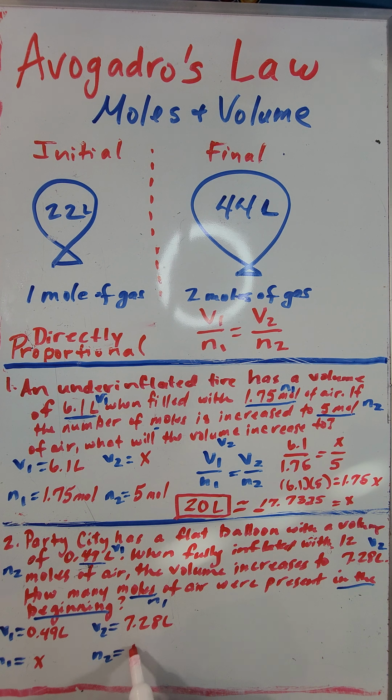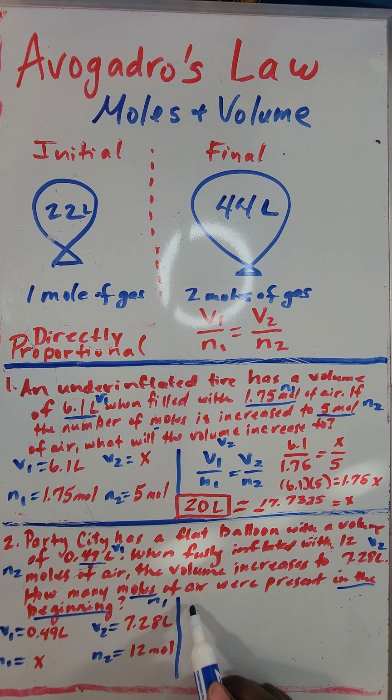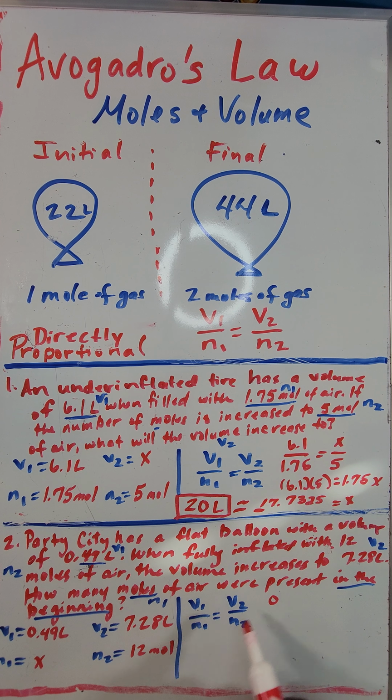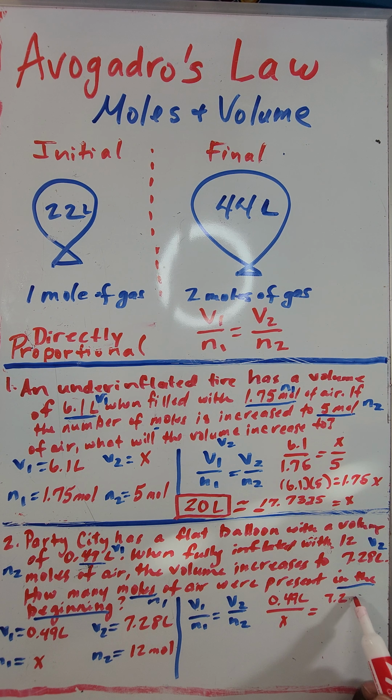Using the same formula, V1 over N1 equals V2 over N2. For V1, we have 0.49 over N1, which is X, equals V2, which is 7.28, over 12, because that's what our N2 is.